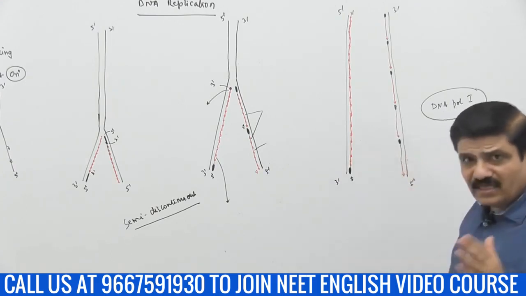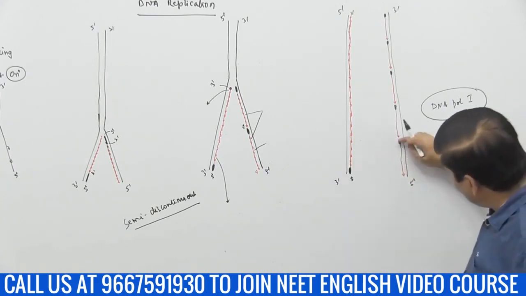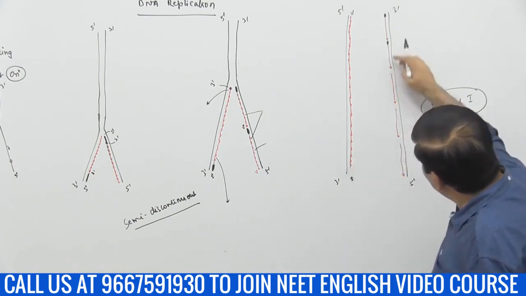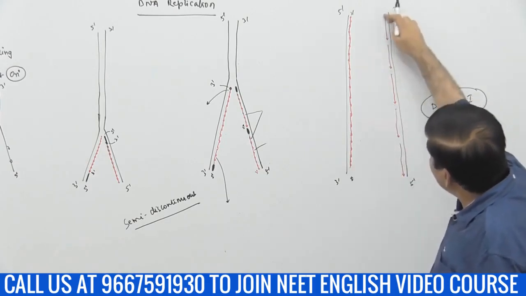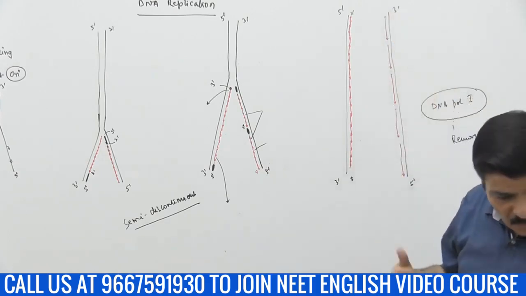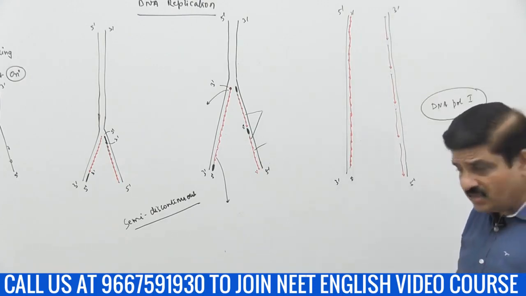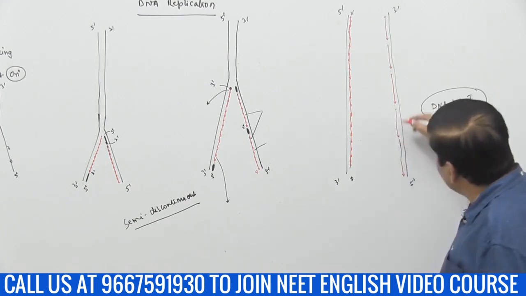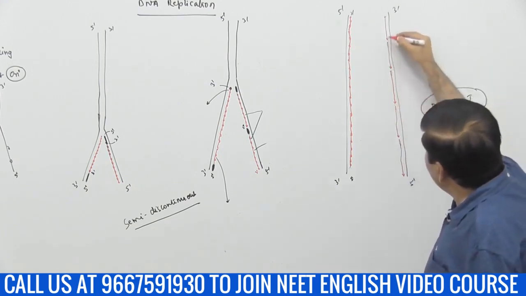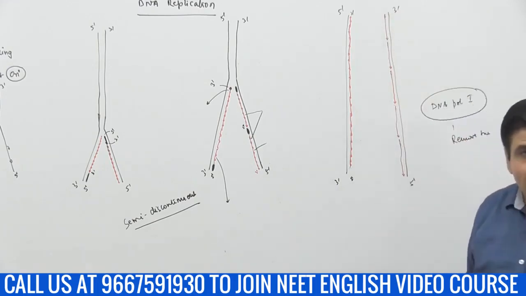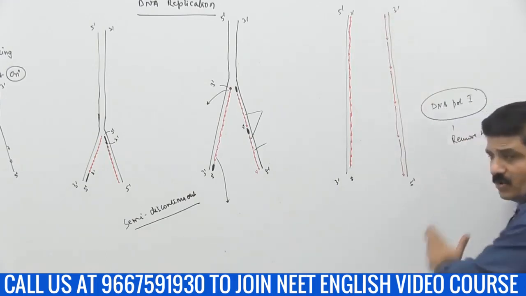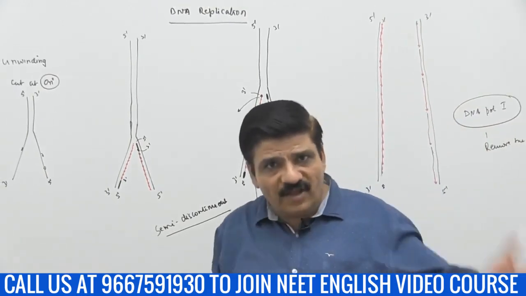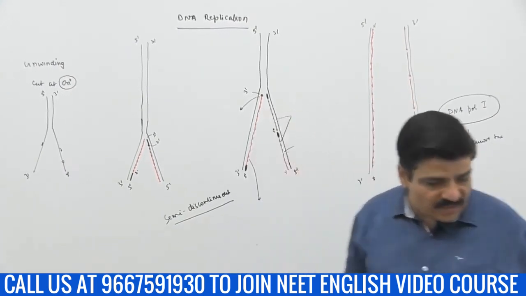That activity is present in DNA polymerase 1, and it removes the primers and fills the gap with deoxyribonucleotides, because there is already a strand that has been synthesized, so there is no point of initiation. So these have been removed and replaced. This is very, very simple. This is done by DNA polymerase 1. Very, very important role: removal of primer, 5' to 3' exonuclease activity.